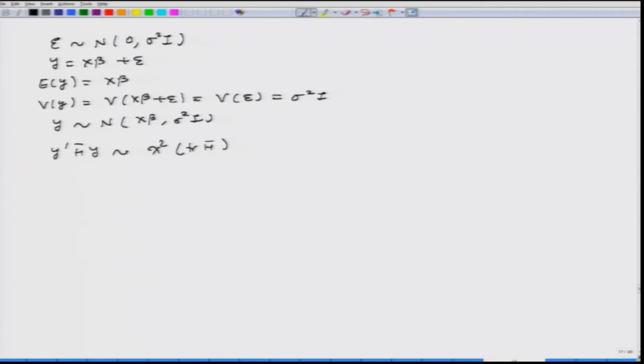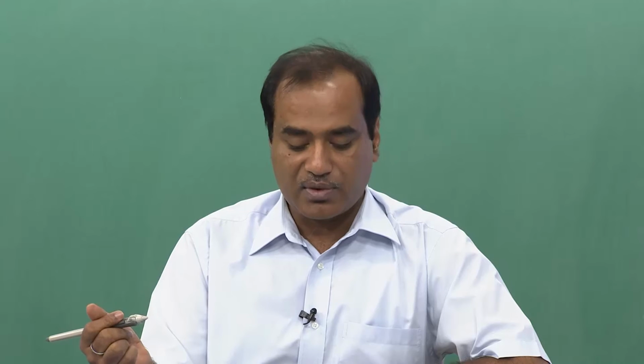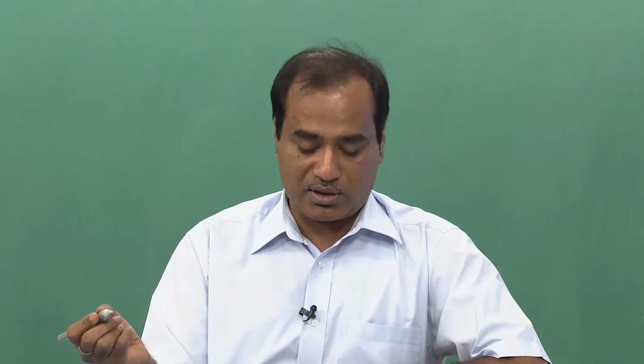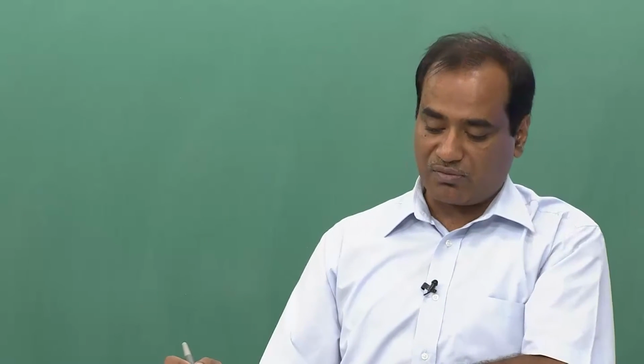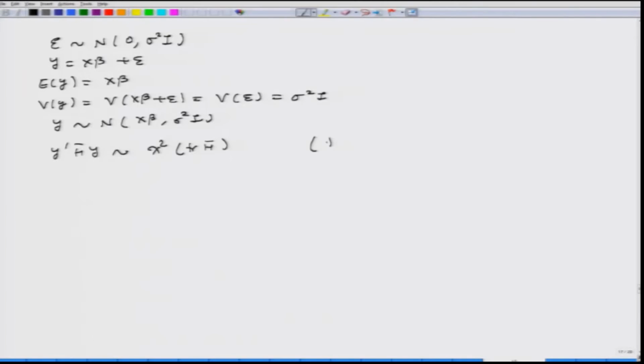I can use the result, and based on that the quadratic form y transpose h bar y follows a chi-square distribution with degrees of freedom equal to the trace of h bar. And we may recall that we found the trace of h bar is equal to n minus k.